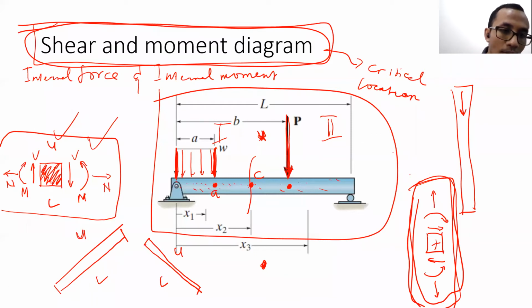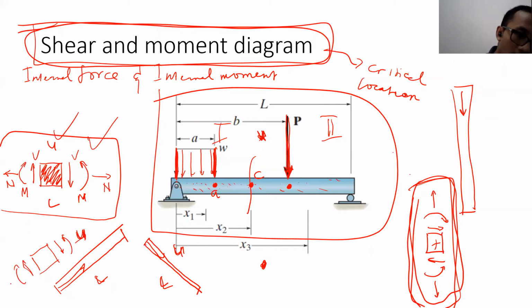Upper is always going like that, lower is going like that. So the direction is always like this, to the right. Later your positive will be like this. For this particular one, the positive will be like this.